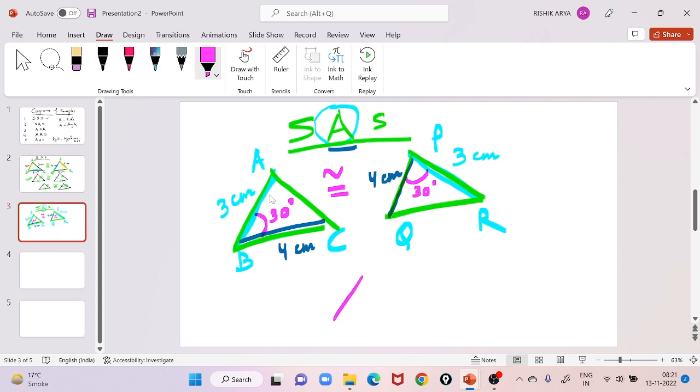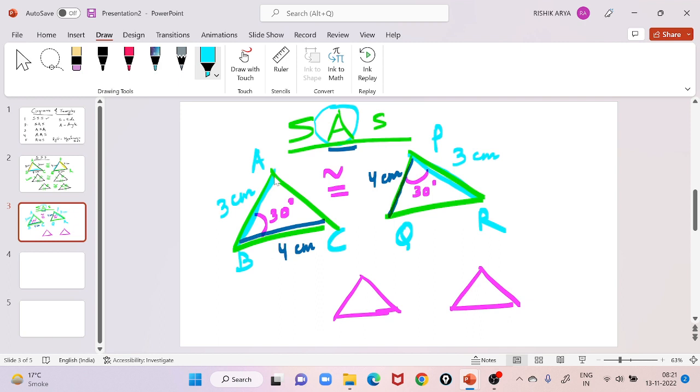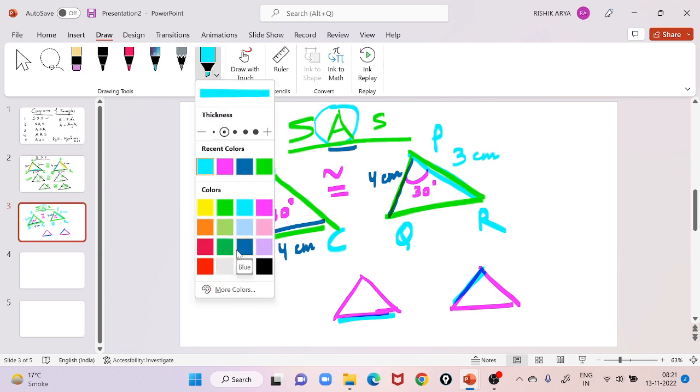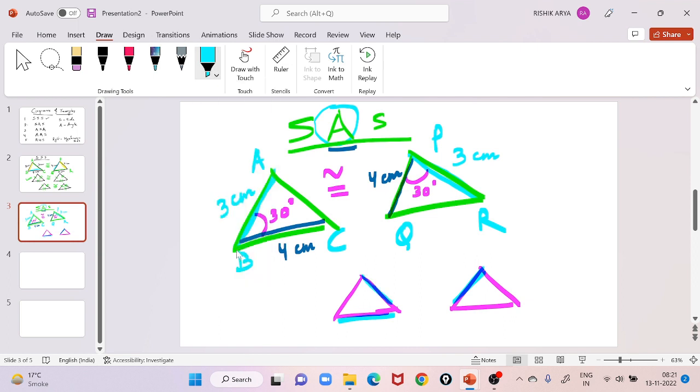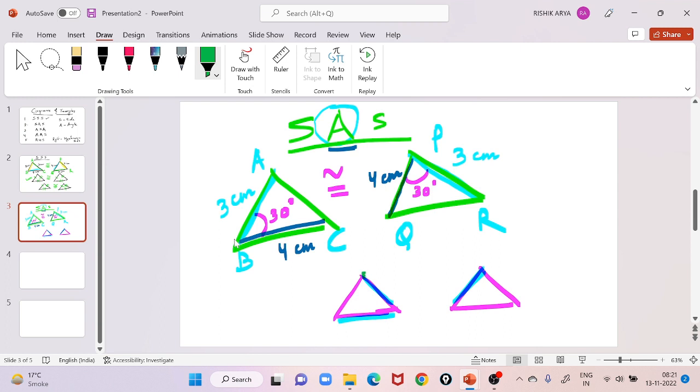Let's understand the same criteria with another figure also. For example, if this side length is equal to this side, and this side length, let's choose another color, if this side length is equal to this side, then which angle do we have to consider now?